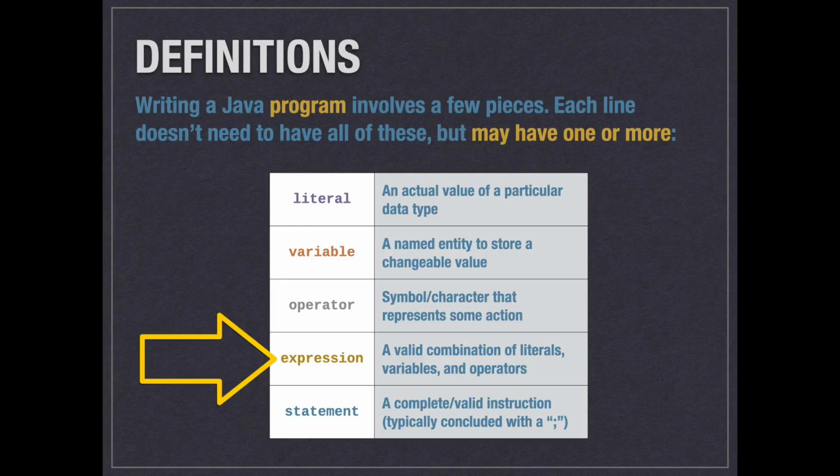An expression is some bit of valid Java syntax combined together. It could really be just about anything that doesn't produce a red underline in Eclipse. And then a statement is a complete instruction that Java can actually execute and move on from. These are going to be terminated with the semicolon. And then obviously statements are typically made up of one or more expressions.